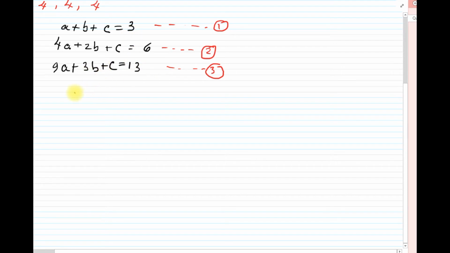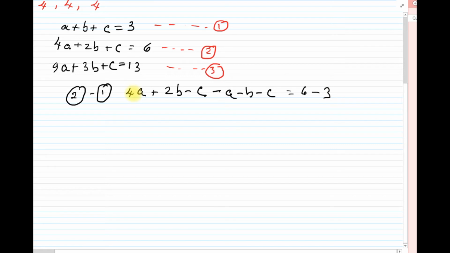So first, I'm going to take the second equation minus the first. If I write this longhand, 4a plus 2b plus c, and I will take a plus b plus c away from it, so that will become minus a minus b minus c, and on the right hand side I get 6 minus 3, which will be 3. So 4a minus a, I'll get 3a. 2b minus b, I'll get 1b.